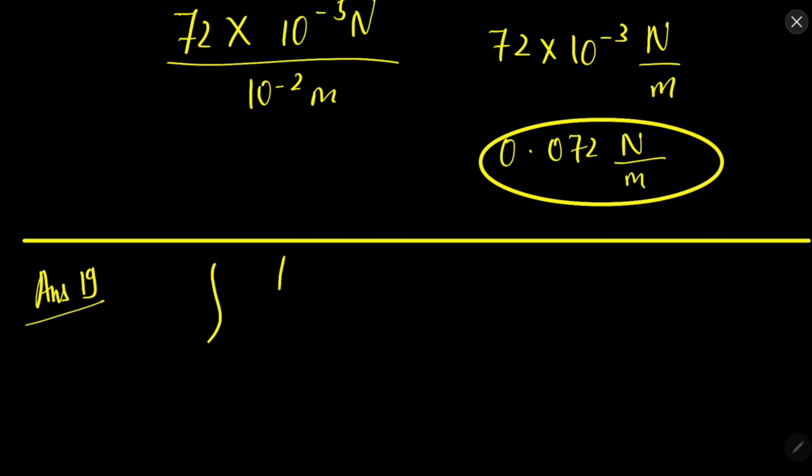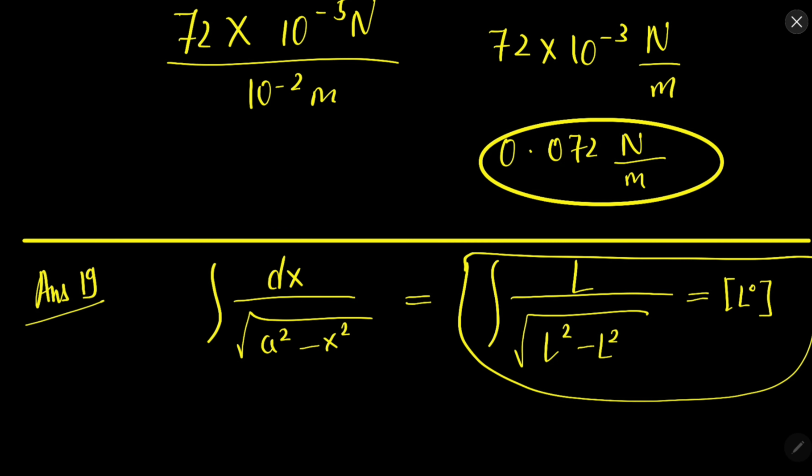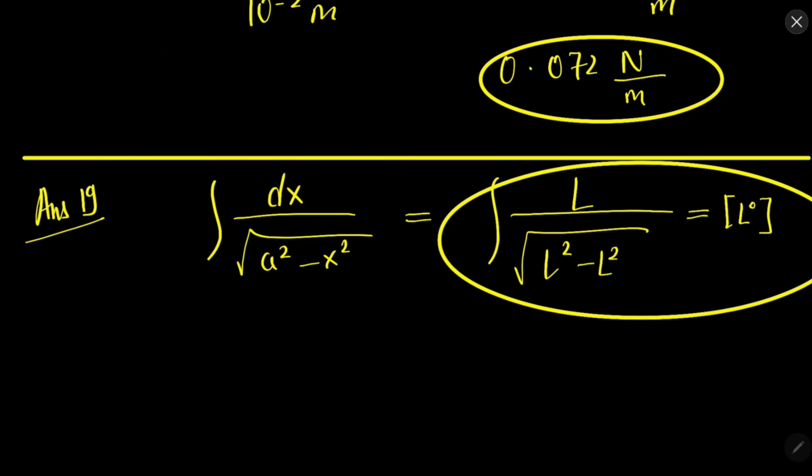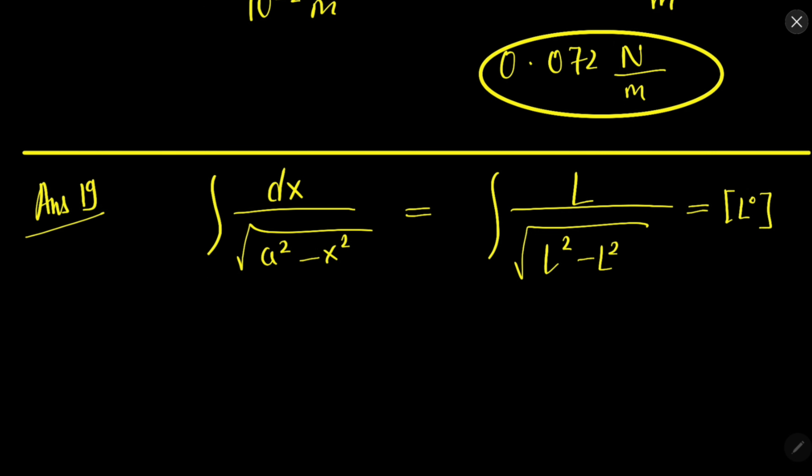One side is the integration of dx upon root a square minus x square, and the second side is L upon root L square minus L square. Obviously this leads to L to the power 0, this part. So let's check what we have for the different part. So this is our LHS. Now what about the RHS?